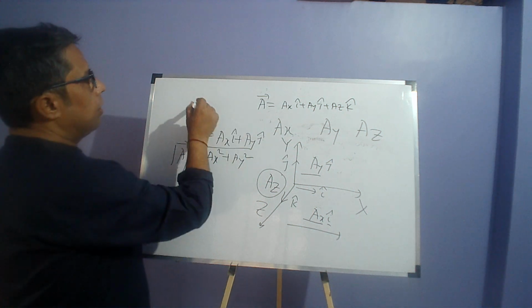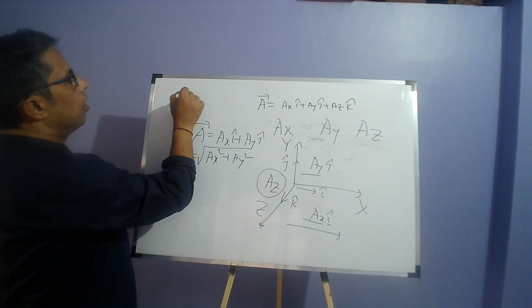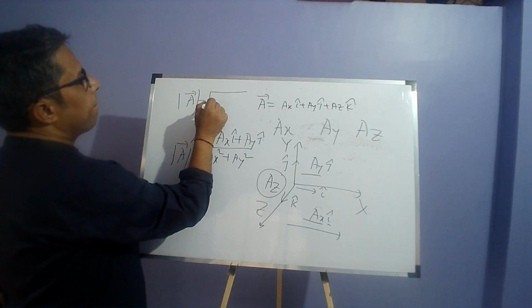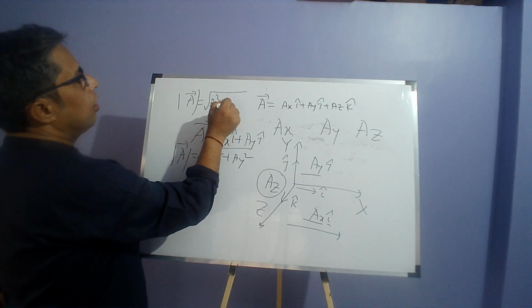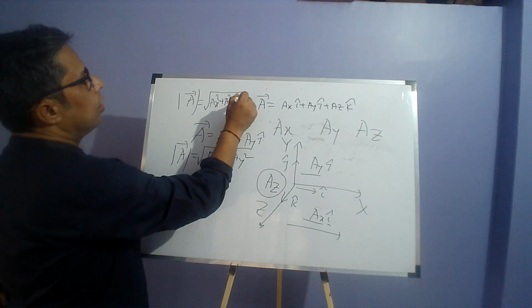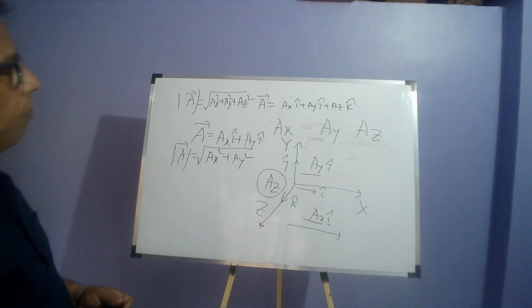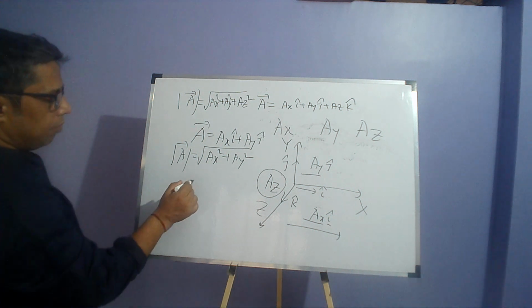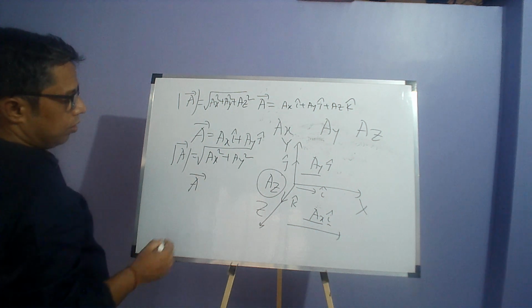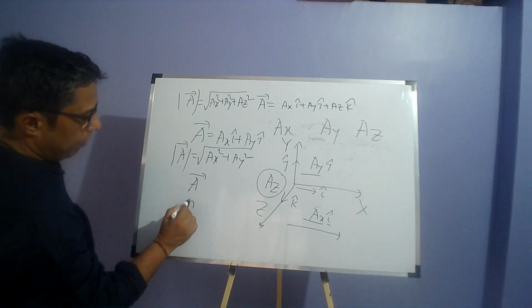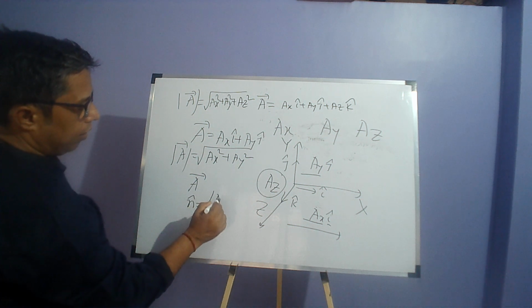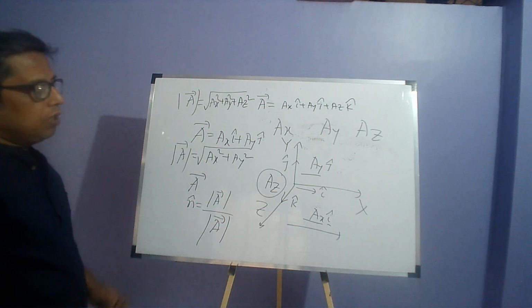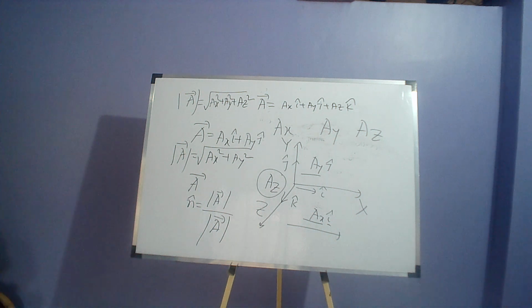If it is a three-dimensional vector, then A will be the square root of ax square plus ay square plus az square. So these will be the magnitudes. Now what is the unit vector? Let's say I have the vector A. The unit vector of A, if I take n cap, means the A vector divided by the magnitude of this vector. This way we are able to get the unit vector.